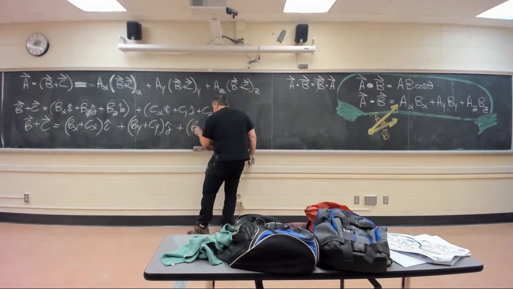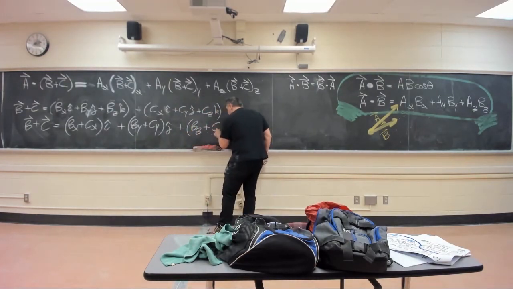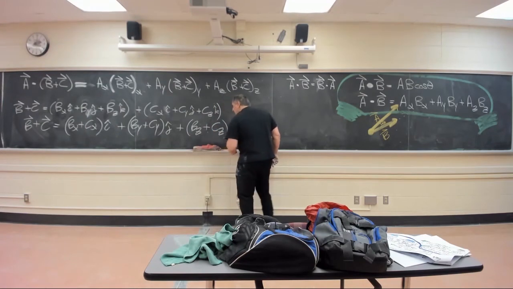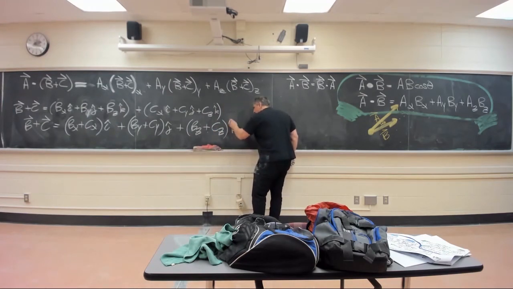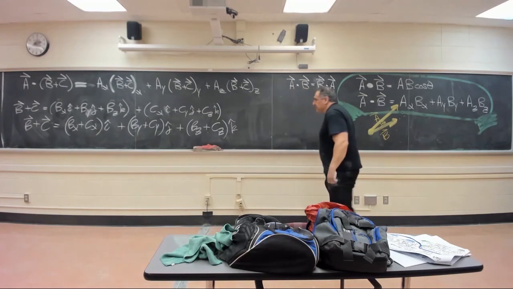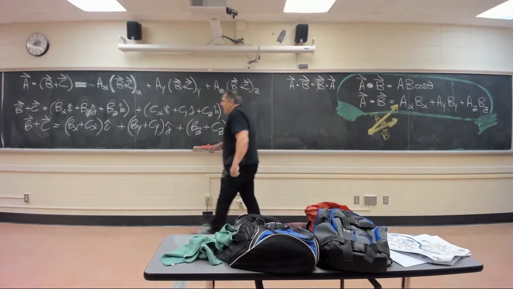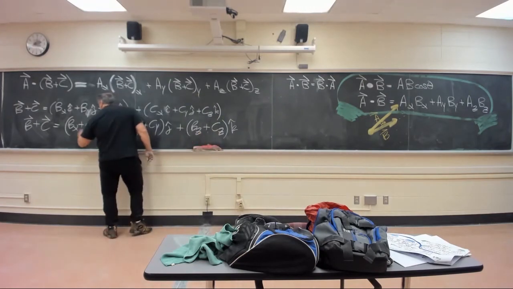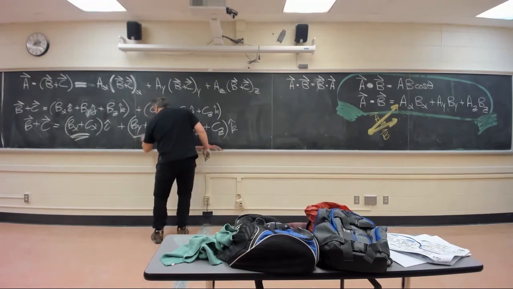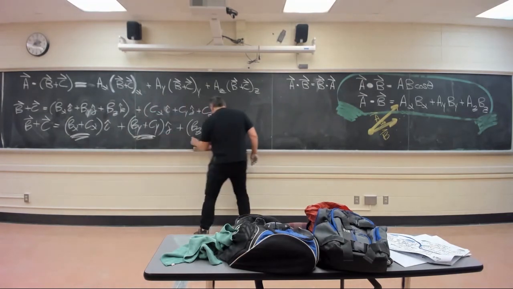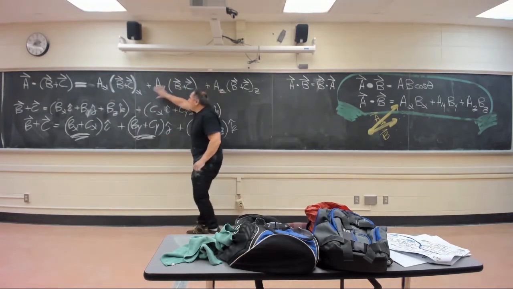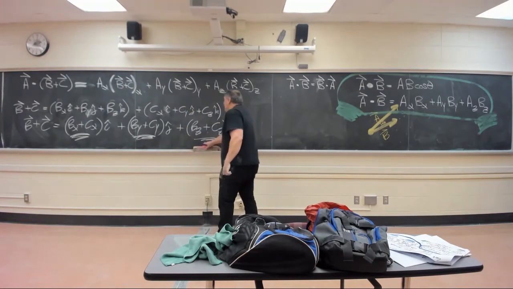And Bz plus Cz, that's a k hat times all that. This guy right here, Bx plus Cx, and this guy right here, By plus Cy, and Bz plus Cz are what I meant by those up there.